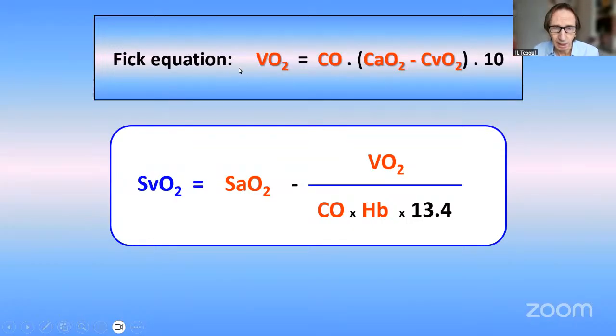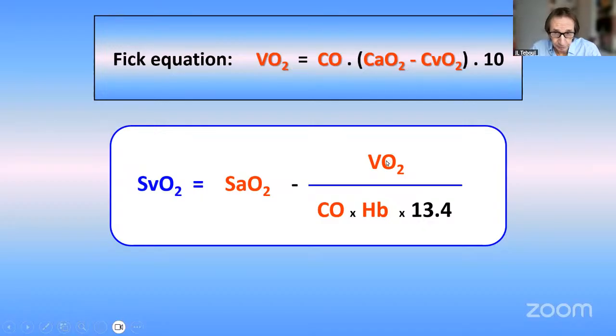This is derived from the Fick equation, but applied to SVO2. So it is simple. The main determinants of SVO2 are SaO2, arterial oxygen saturation, which is in general between 90% and 100%, and in normal people above 92%.